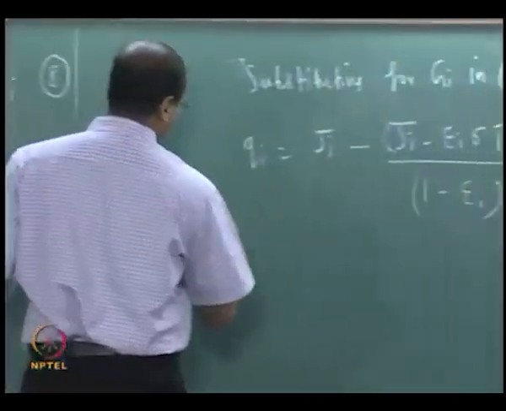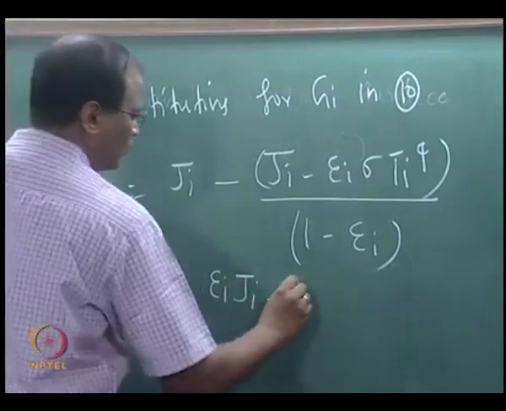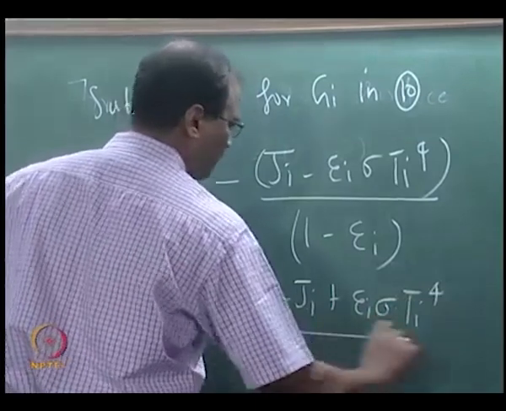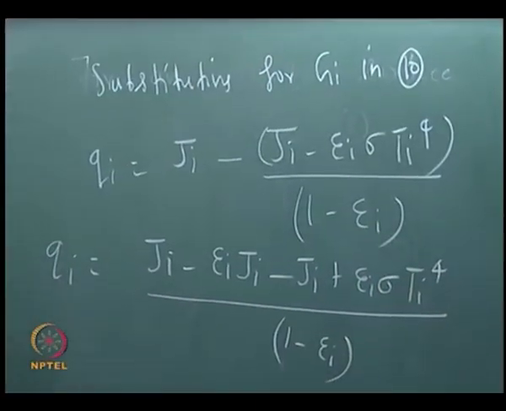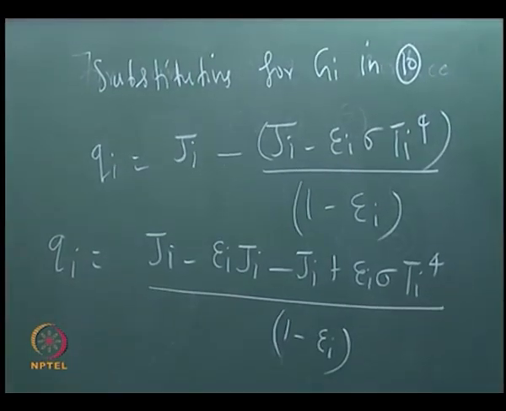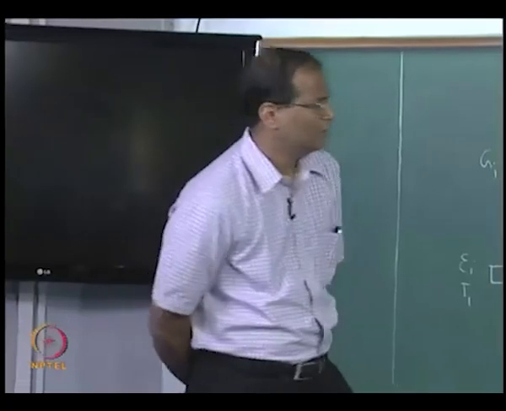Simplify, cross multiply and simplify further. Is that clear? I am not doing any great stuff, I am just doing some algebraic manipulations, that is all. Now I can cancel Ji.